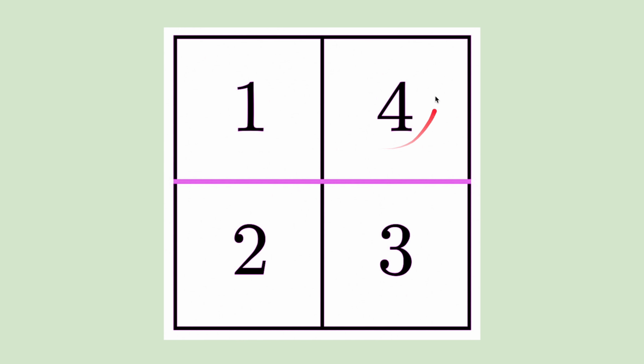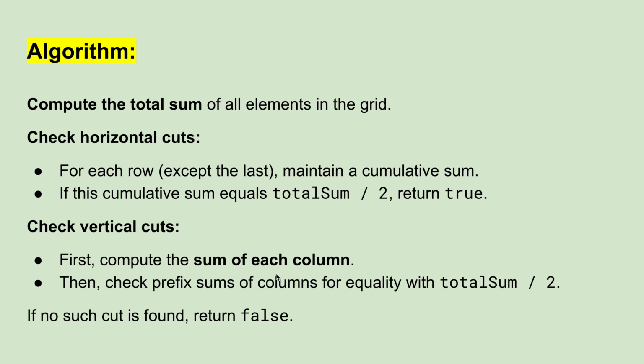So above it is coming 4 and down it is coming 6. Means we are not able to get equal parts, so we'll return false. So just don't assume that the sum alone means we can make the cut. That is why we compute the total sum of the elements in the grid, but we also have to check the horizontal cuts and the vertical cuts. I hope you understand.